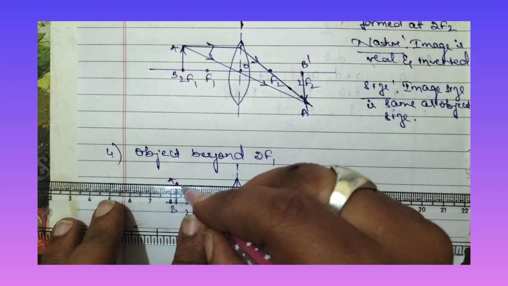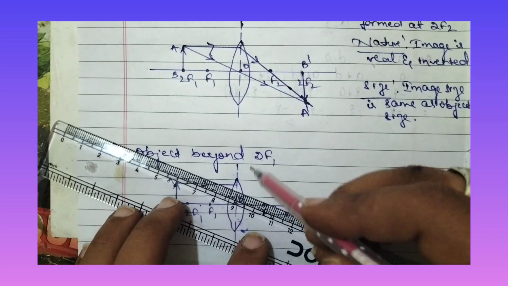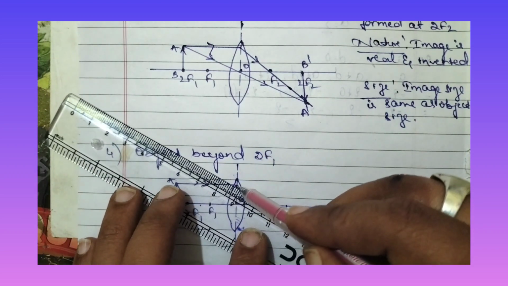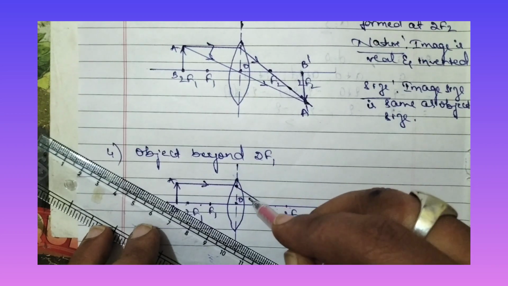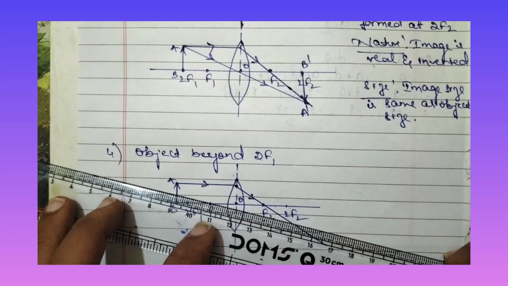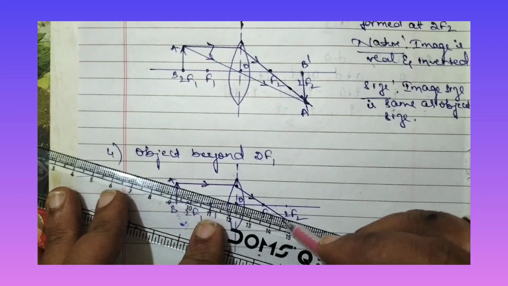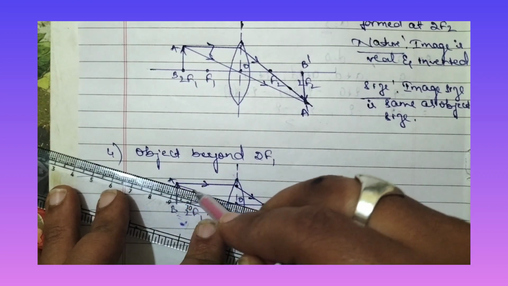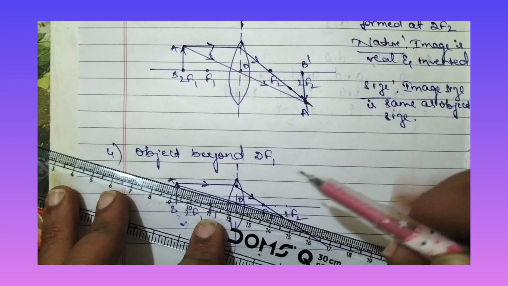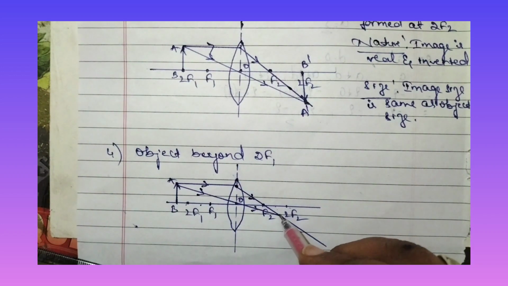So now the light ray which is parallel to the principal axis, after refraction it passes through the principal focus. This is one light ray. Next, one more light ray I will take. The light ray which passes through the optic center, after refraction it passes through the optic center only.